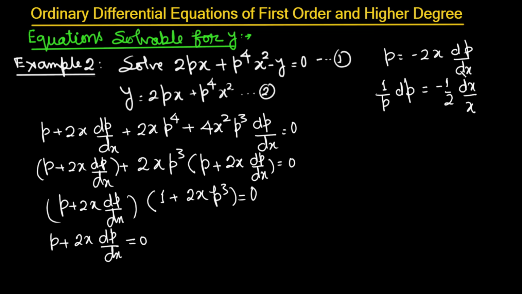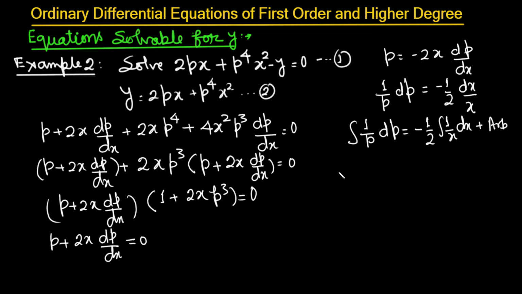So this is a pure separable form. We integrate it. Integration of 1 over p dp is equal to minus 1 over 2 integration of 1 over x dx, plus an arbitrary constant of integration.